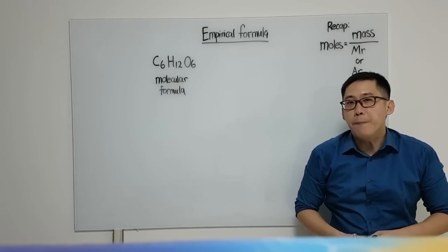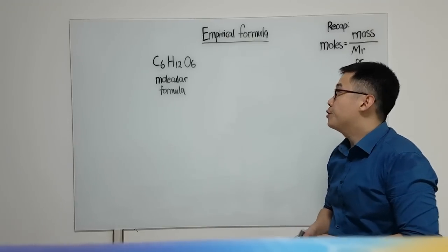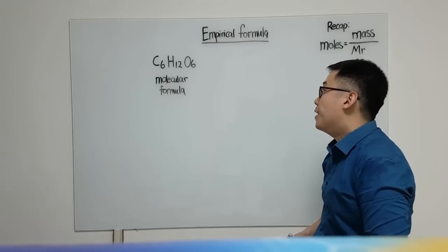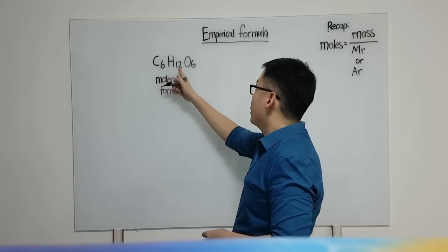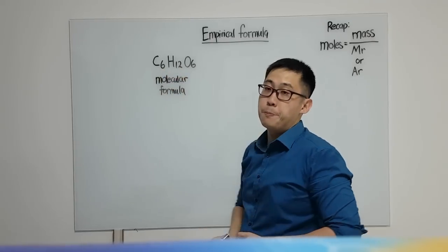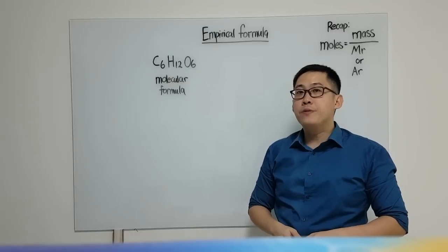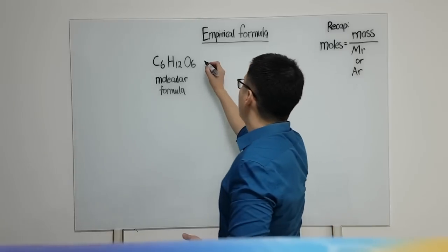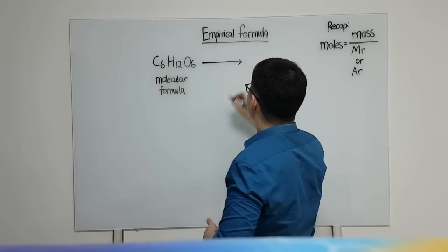To obtain the empirical formula of your glucose, all I need to do is to reduce this to the simplest form. I consider the numbers here, in this case 6, 12, and 6. I'll find a number that I can divide them by to make them the smallest.